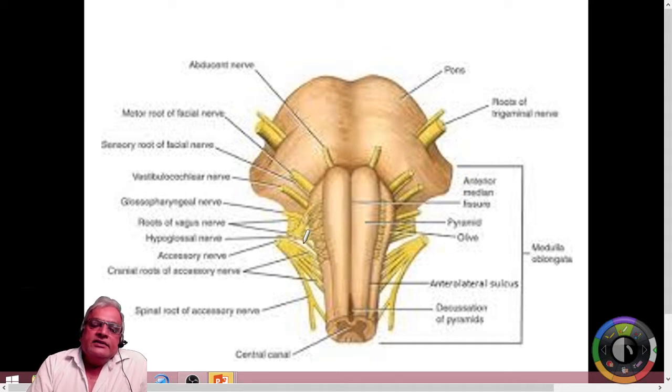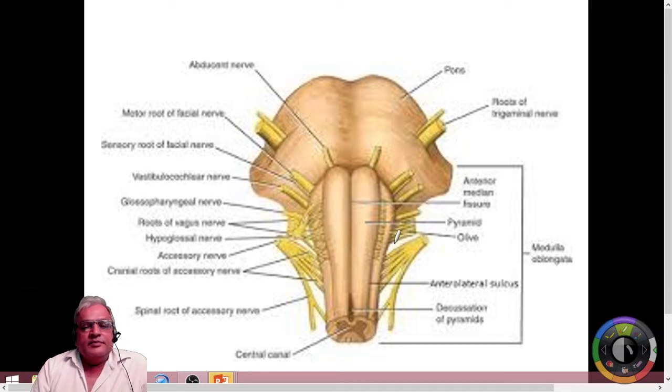Then just between this olive and what lies behind the olive, which I cannot see here in this diagram, is the inferior cerebellar peduncle, which connects the medulla to the cerebellum. The inferior cerebellar peduncle lies behind the olive, and you can see that some nerves take origin from between the olive and the inferior cerebellar peduncle.